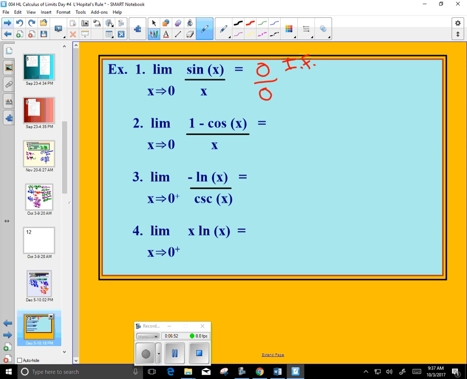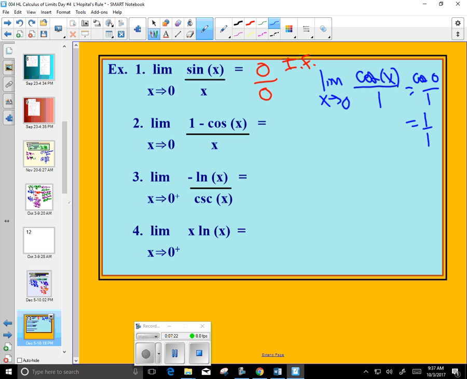Because you have to do that for a point in IB to get that indeterminate form point. Then this allows us to write the limit as x approaches 0 of the derivative of sine, which is what? Cosine. And the derivative of x is 1. So here's where we get cosine of 0 over 1, which is 1 over 1.